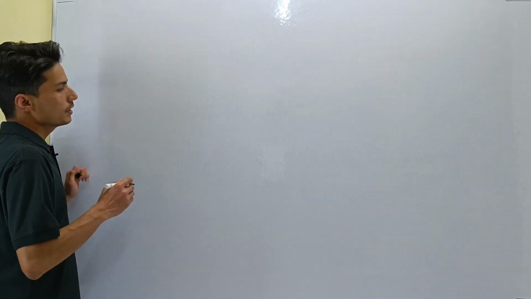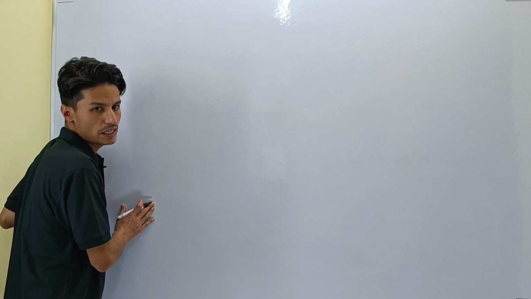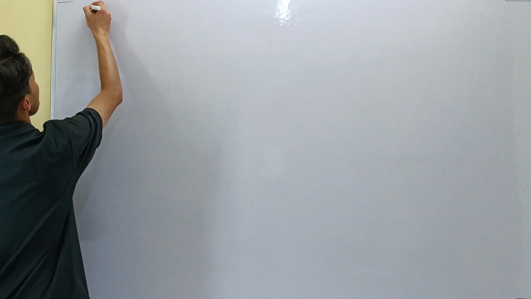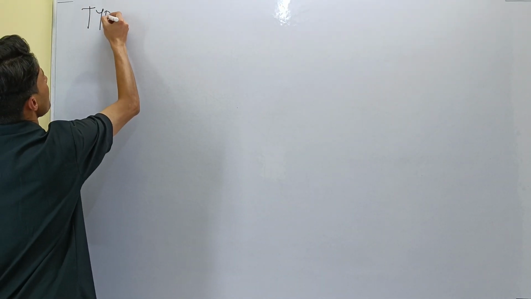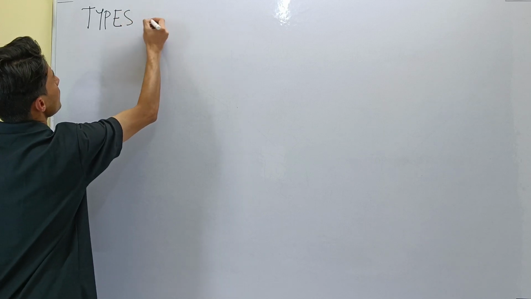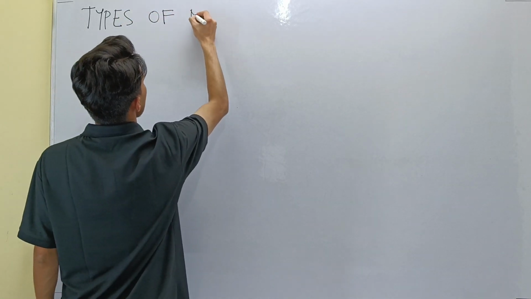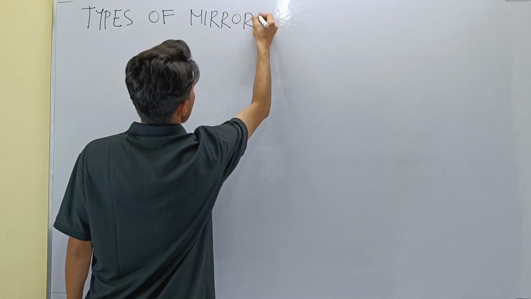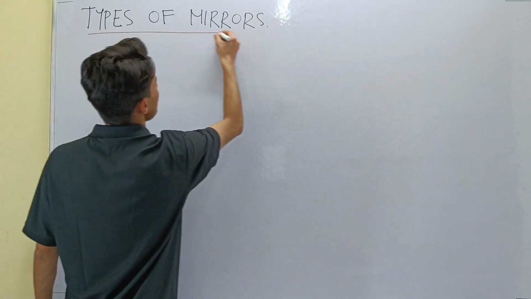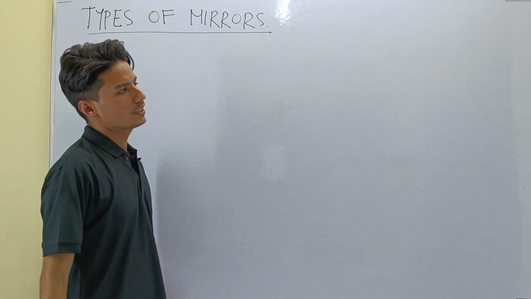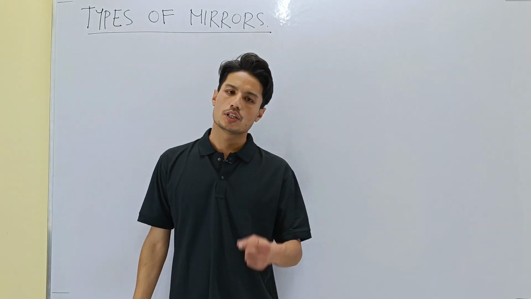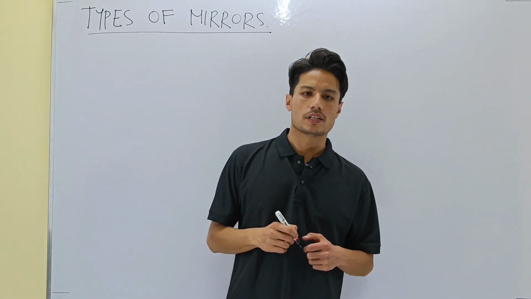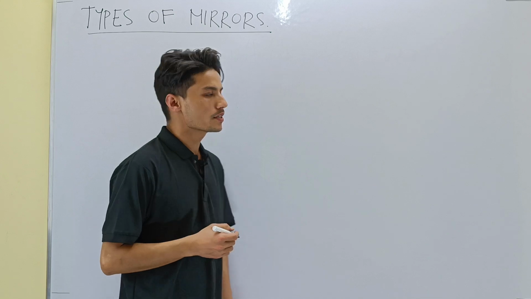The next discussion will be types of mirror. So let us learn about the different types of mirrors. In your syllabus, you will be studying two types of mirrors. We have the plane mirror and the spherical mirror.